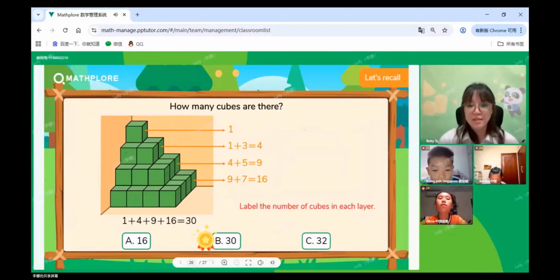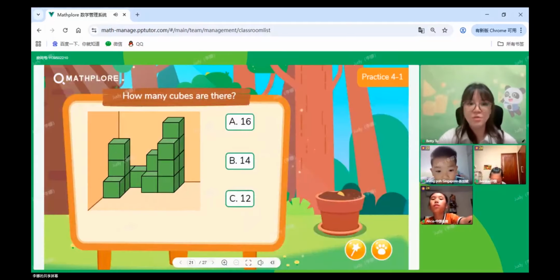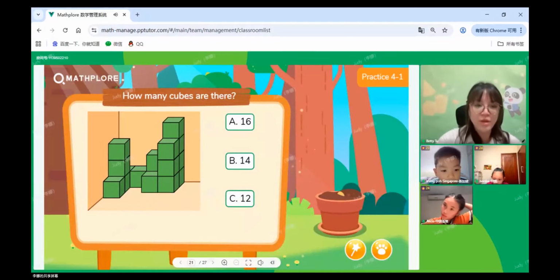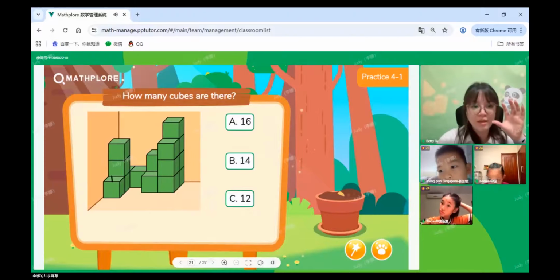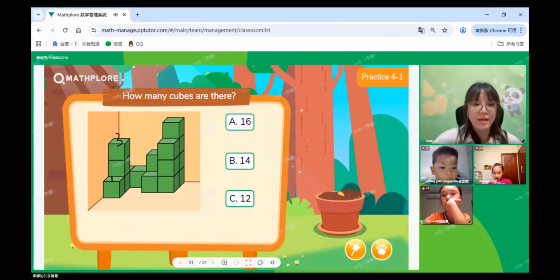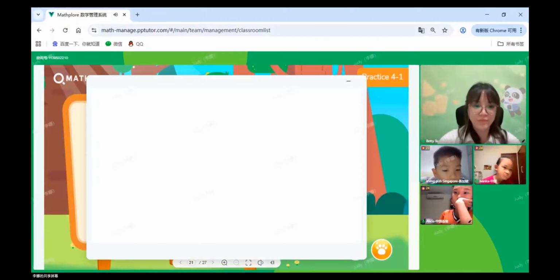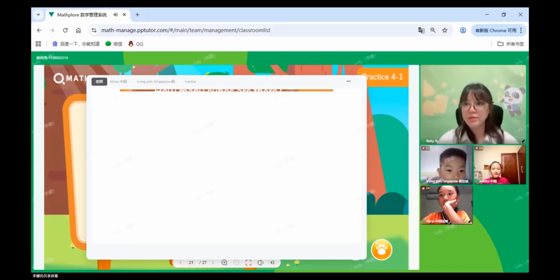So let's take a look at this one. So everybody, this time we are going to mark the number on the top of each column, okay, and count it by column. Okay, let's go.